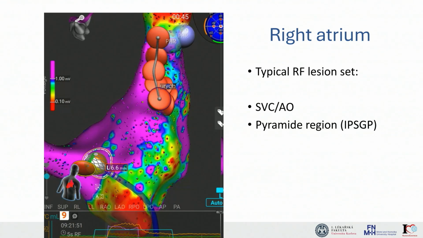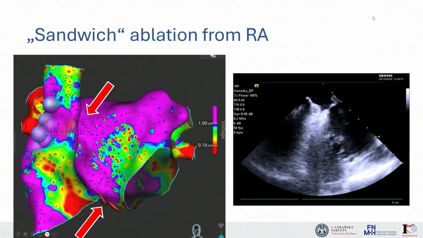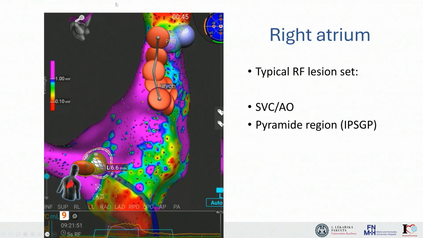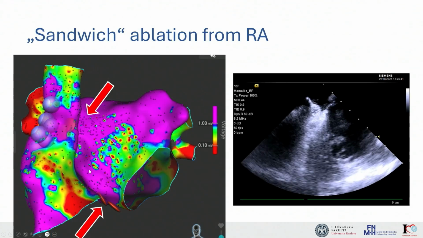This is the typical lesion set on the right side. We normally do biatrial ablation, so you see lesions, I don't have an arrow, sorry, lesions in the superior vena cava. We are trying to avoid ablation close to the phrenic nerve, and here is the lesion from the right side, on the pyramid region, close to the CS ostium.